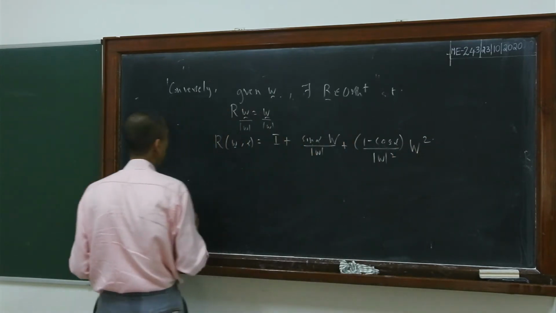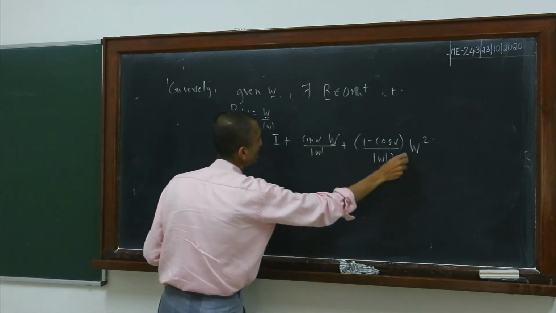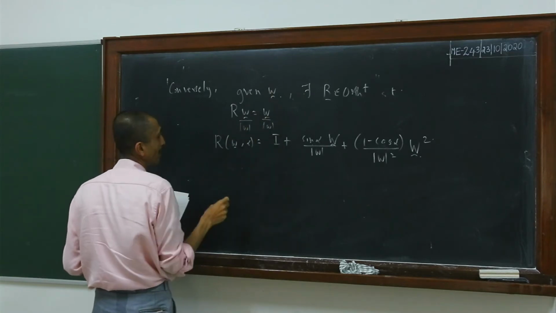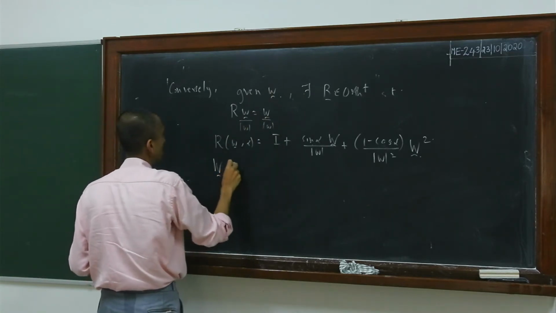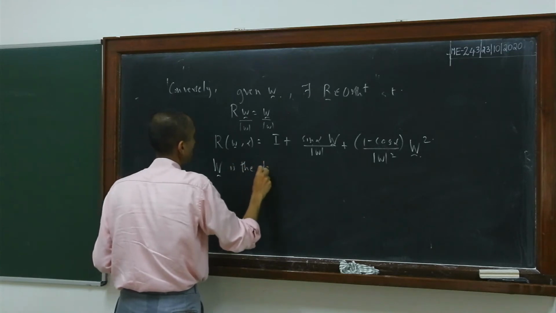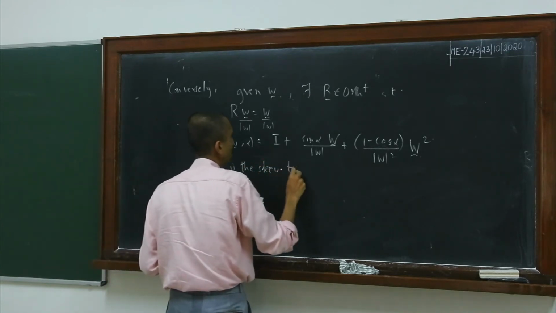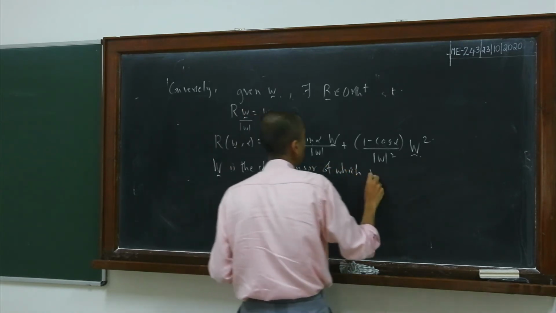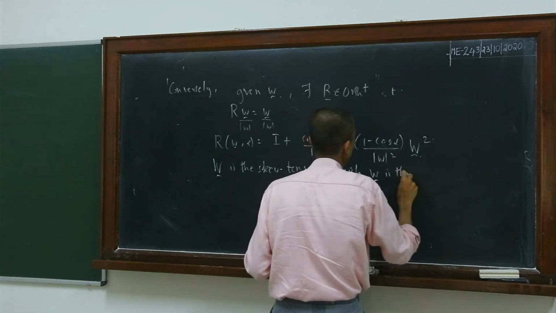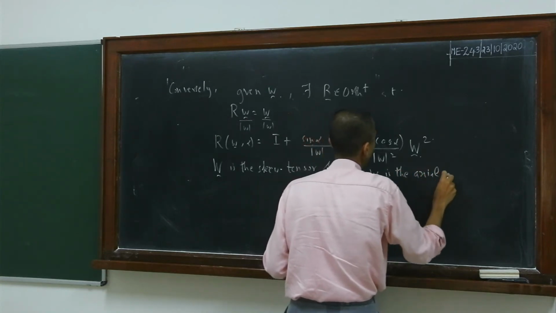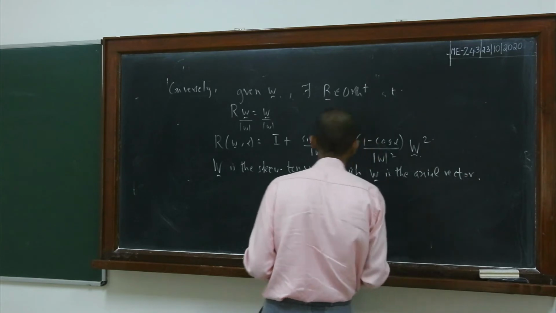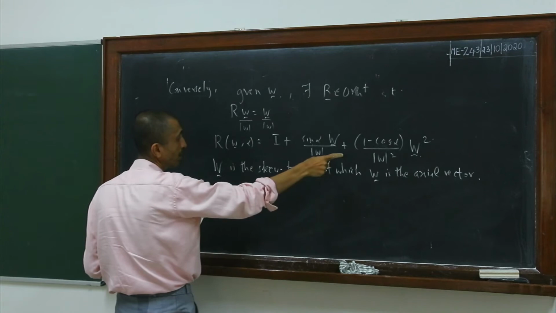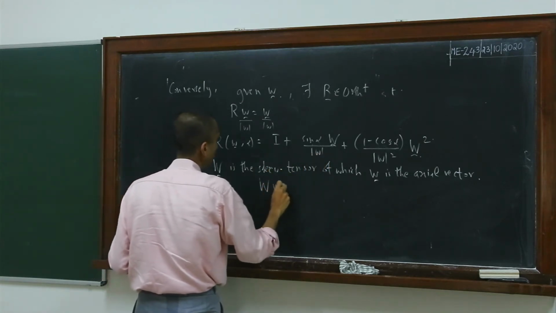So this capital W is the skew symmetric tensor of which this small w is the axial vector. Okay, so it is immediately obvious that R times W is equal to W, because we know that W W is equal to 0.